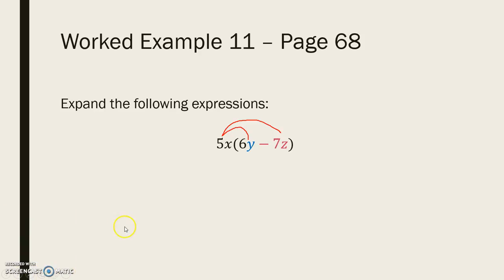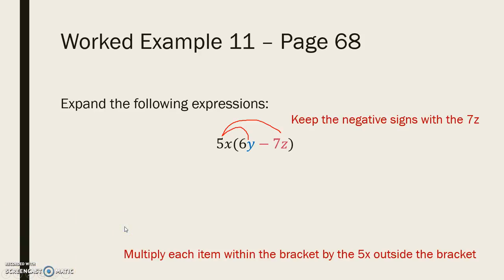That's the same as we did before. So 5x times 6y plus the 5x times the negative 7z. So 5 times 6 is 30, multiplied by xy, so 30xy. 5 times negative 7, so that's positive 5, times negative 7 is negative 35xz.